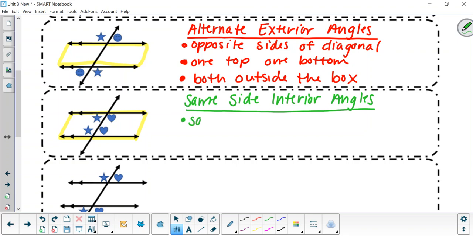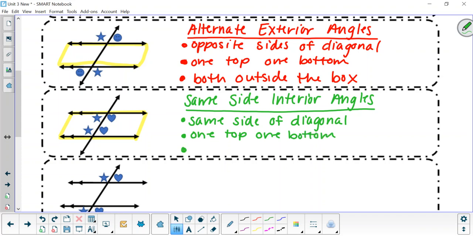These start as the same side of the diagonal. One is still at the top. One is at the bottom. And both are inside the box.